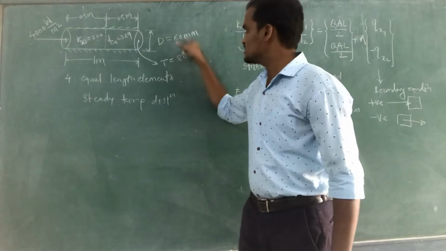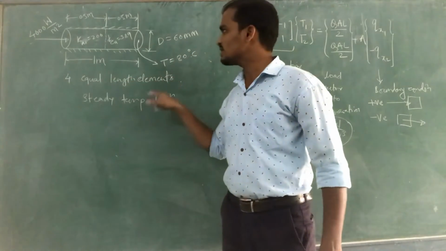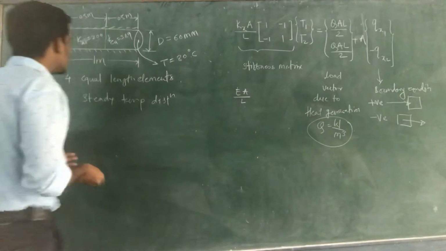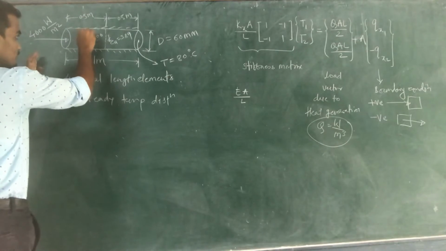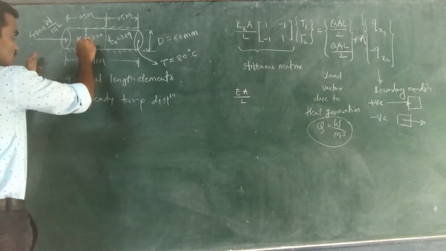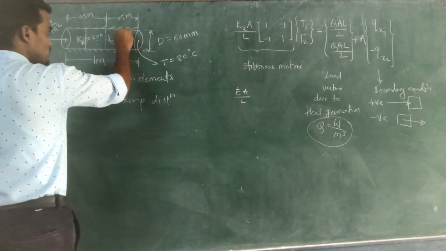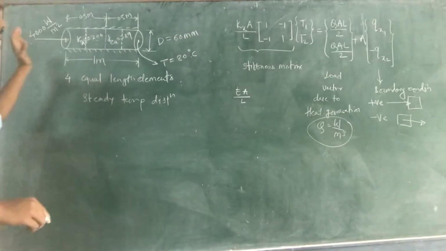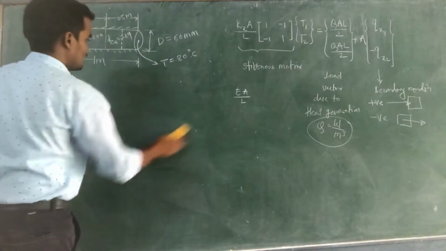The diameter is 60 mm. Use 4 equal length elements and find the steady state temperature distribution. So 4 equal length elements means: this is the half part, so make two parts of the aluminium material and two parts of the copper material. If we draw the free body diagram for this problem, then we will get 4 elements.